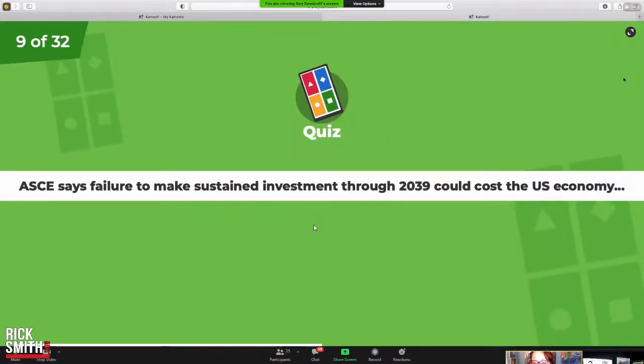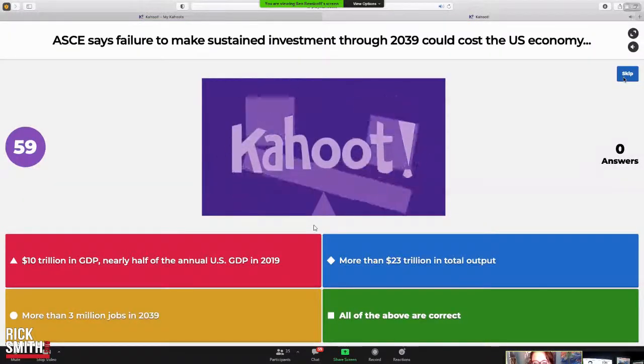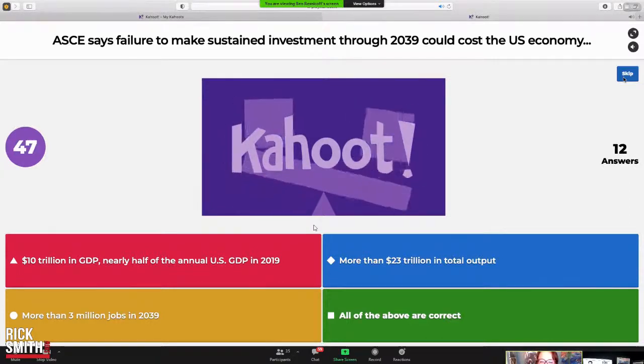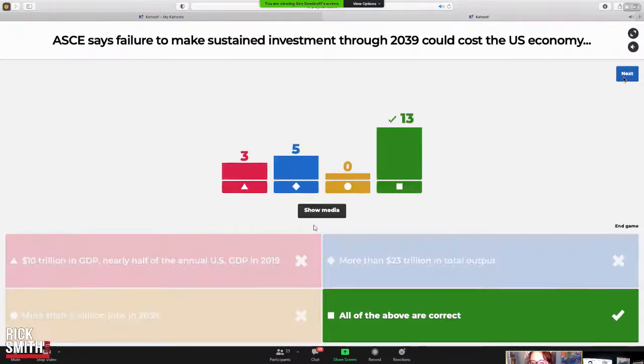The American Society of Civil Engineers says failure to make sustained investments through 2039 will cost the U.S. economy $10 trillion, more than $23 trillion, more than 3 million jobs, or all of the above. $10 trillion in GDP, nearly half of our annual GDP in 2019. All right, well, I guess it's going to answer it before I can go through it again. Yep, all of the above. We're going to incur all of that.